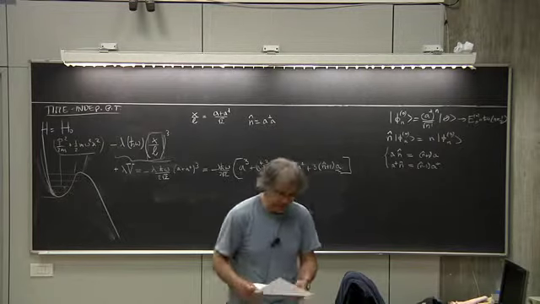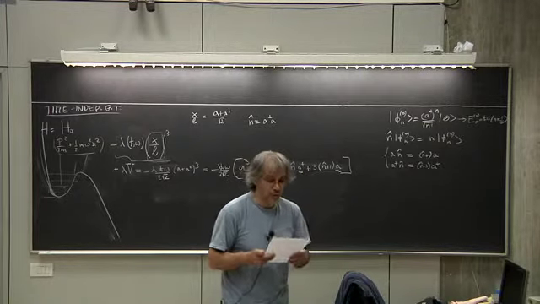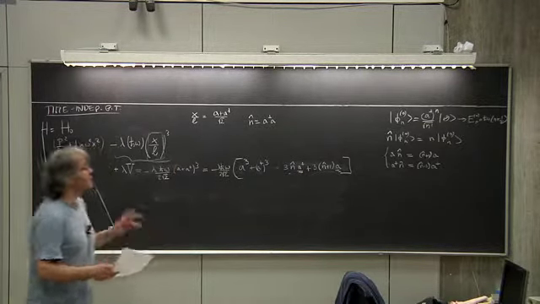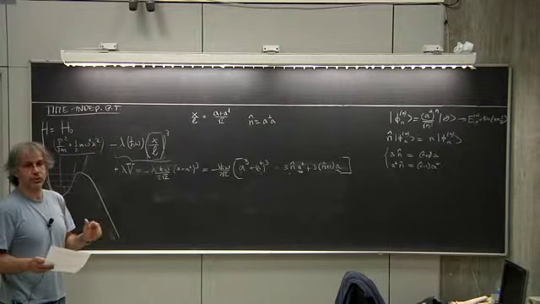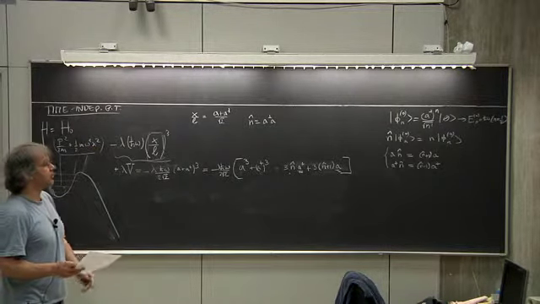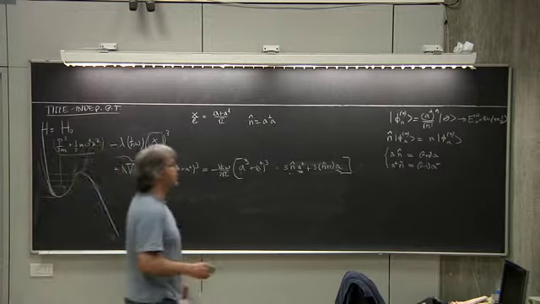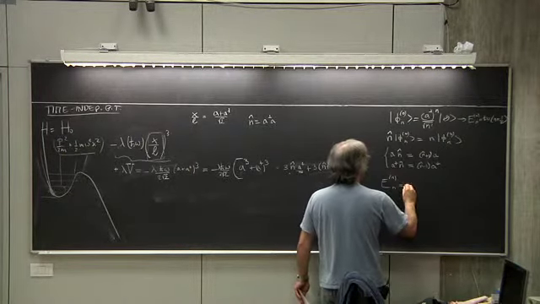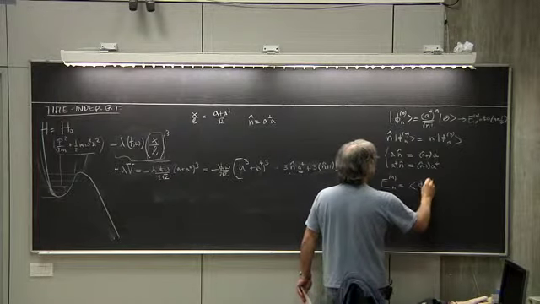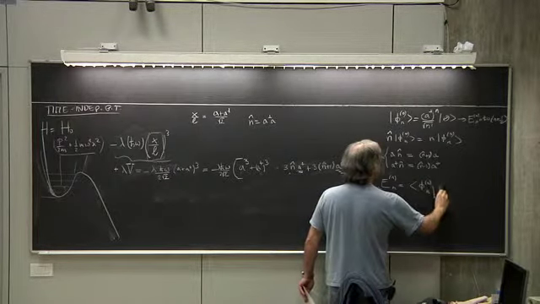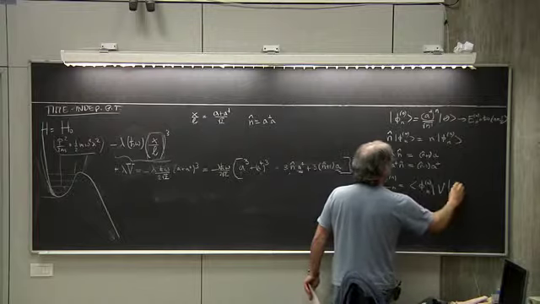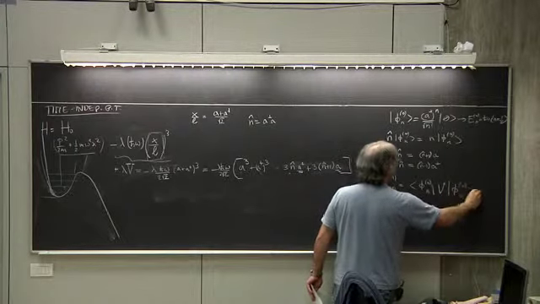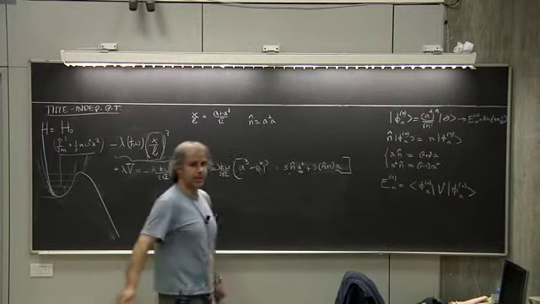We have to calculate, first of all, first order and second order corrections to the energy. In first order, if you remember, the correction to the energy of a state n involves the matrix element of the perturbation on the unperturbed state n. Remember the formula?